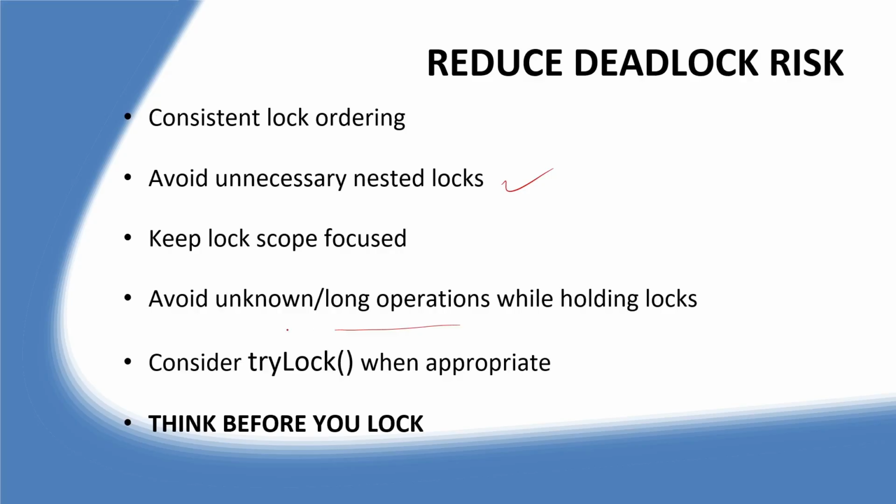So based on the requirement, use tryLock. The more complicated your locking graph becomes, the harder your concurrent code is to reason about. So think about the requirement, do the analysis, and based on the analysis, go with the appropriate approach.